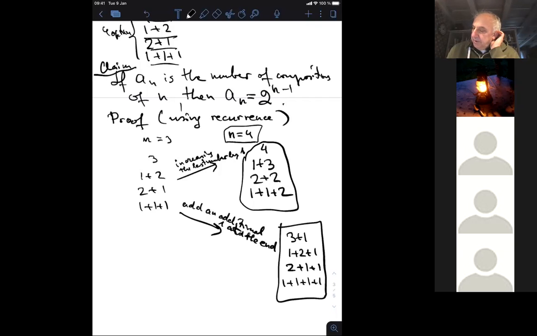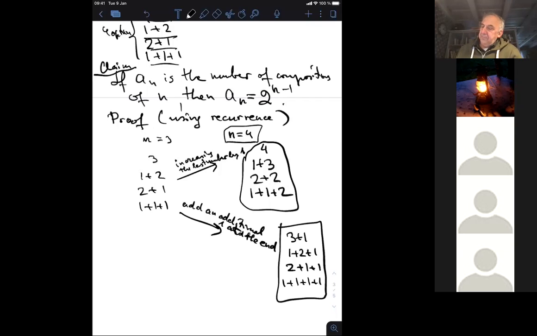And if the last entry in the composition is 1, we can just remove it, just delete it, and get again a composition of the previous number. And if we observe, we'll be getting 2 copies of the previous thing.